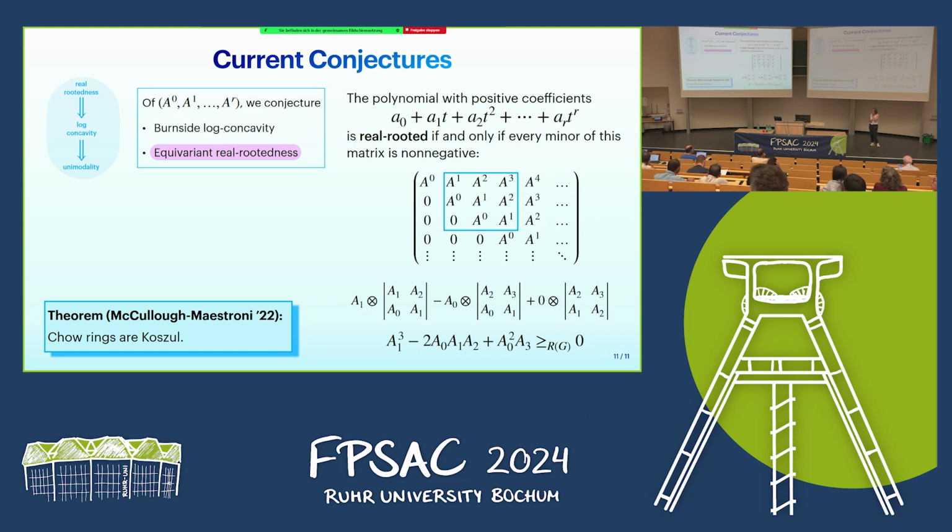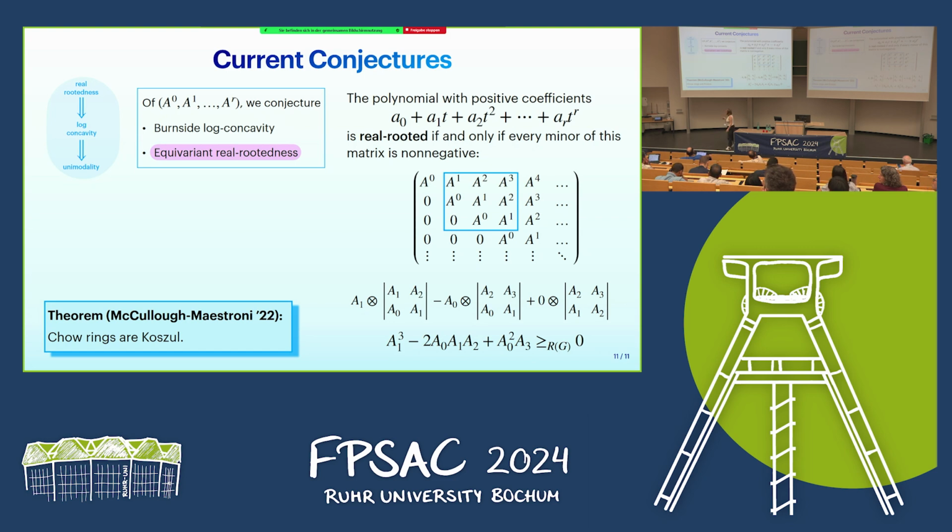I guess my question is just to clarify, to see if I understand correctly. So you're saying that a special case of your conjecture is that the rank generating polynomial of the Chow ring is real rooted? I'm just wondering what the specialization of this conjecture is when you're working with numbers.